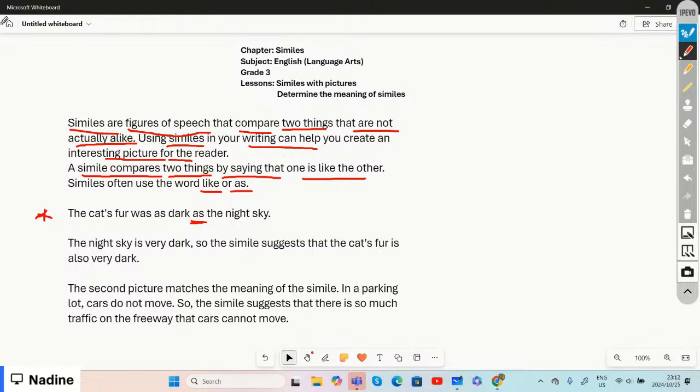If somebody is very nice, then we can maybe say, I'm just making my own example, Jane is as sweet as honey. Jane is not honey. We can't eat Jane up, but we are comparing Jane to how sweet honey is.